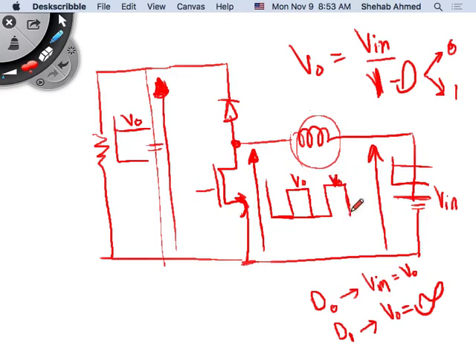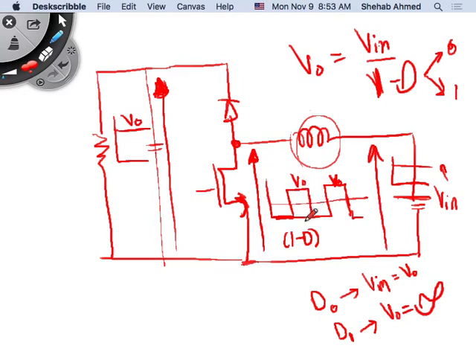The values that I have here don't change, and the average value of this is V input, right? So the average value of this waveform is what? Remember, when the switch is on, it was 0. When it was off, it was V output.